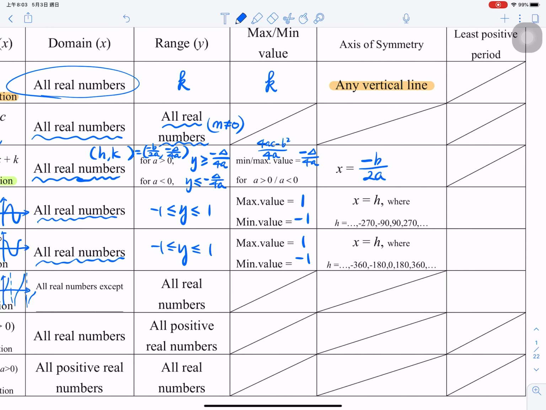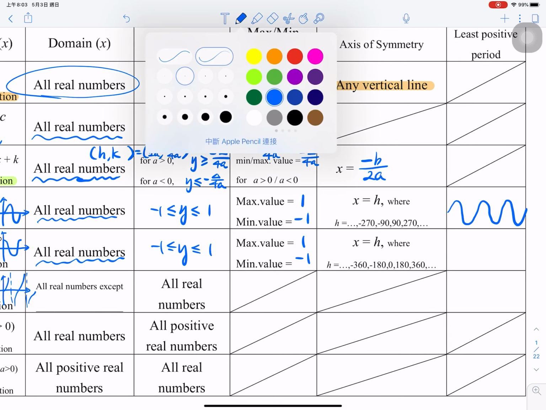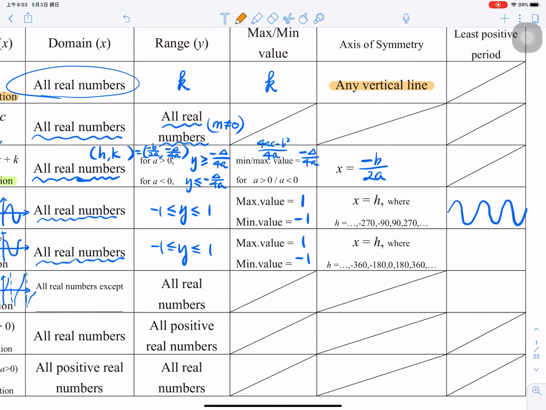And how about the axis of symmetry? Maybe a little bit difficult to explain, but let's try. For example, here we have a sine curve like this. If we draw a vertical line like this, then you can see that it has the property of symmetry as x equals h.